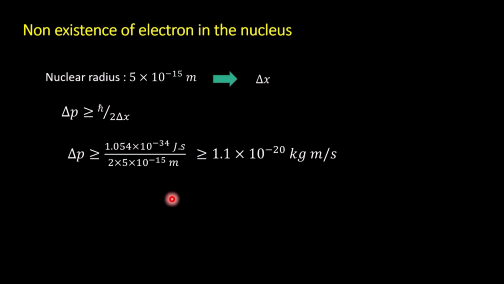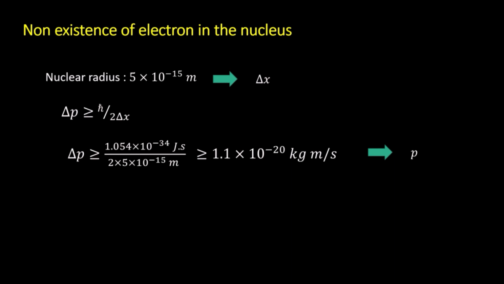So its momentum will be greater than 1.1 into 10 raised to minus 20. That means the momentum itself must be at least of this order, right? It can be greater than this value, but the minimum value of momentum will be at least of the order of uncertainty in momentum itself.